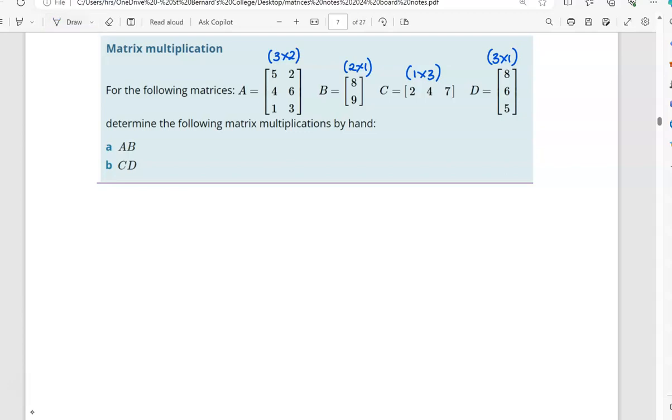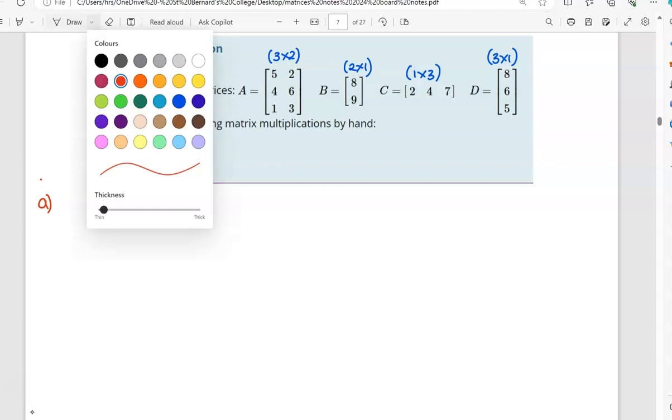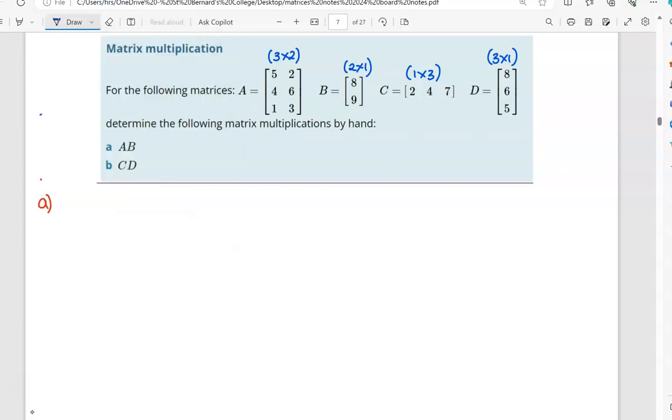So if we look at doing A first, what we've got is we're going to multiply A by B. So I might write that one out. So I've got A, which is 5, 4, 1, 2, 6, 3, and I'm multiplying it with B, which is an 8 by 9.